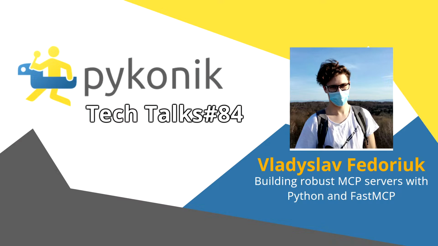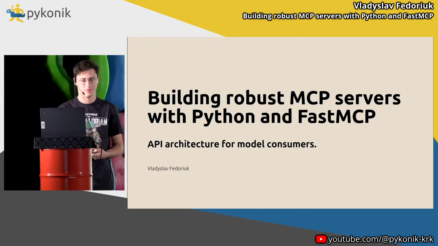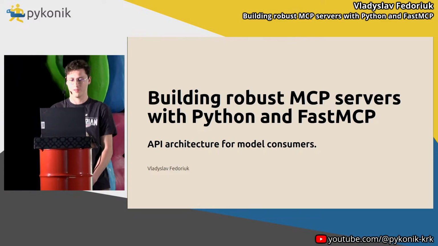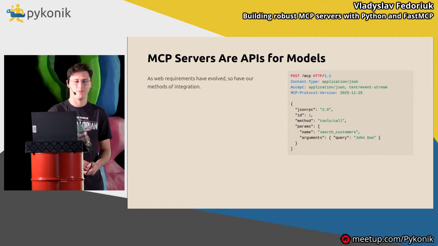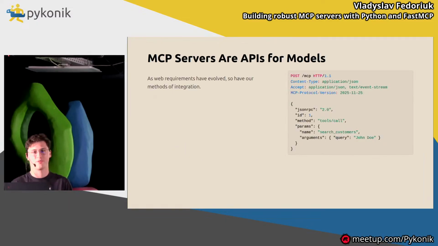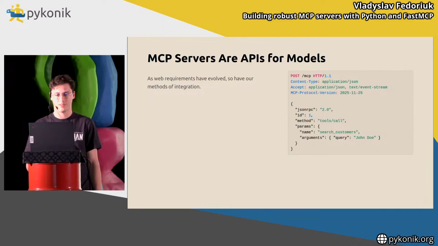Hi, my name is Vlad. I'm a software engineer, and today I wanted to talk about what it takes to build robust remote MCP servers with Python and FastMCP. And maybe a small digression. As web requirements have evolved, so did our methods of integrating our systems.